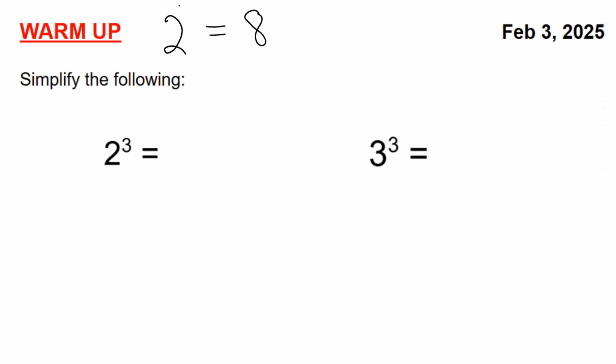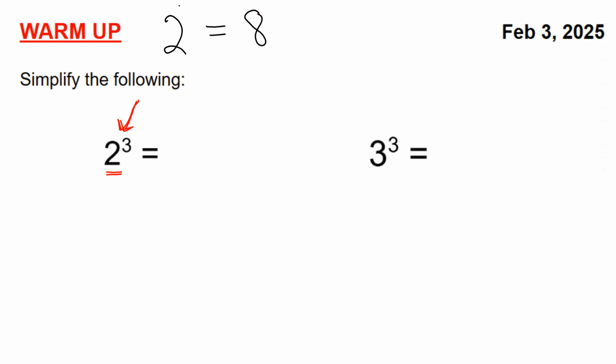If you remember, we said that exponents are repeated multiplication, and we broke these exponent forms of our numbers into two pieces. We said the base and then the exponent. The base is the number that's being repeatedly multiplied, and the exponent is telling you how many times to repeatedly multiply that number.